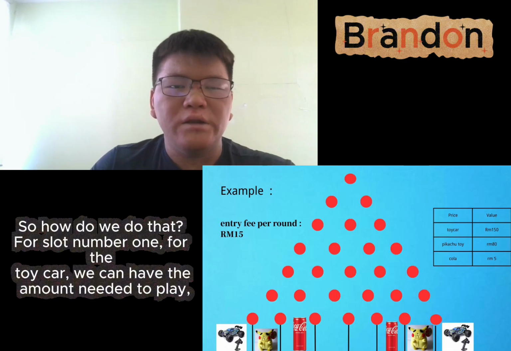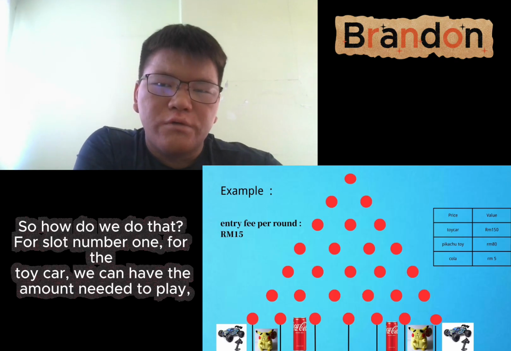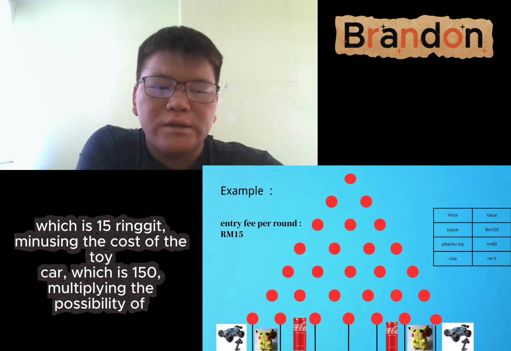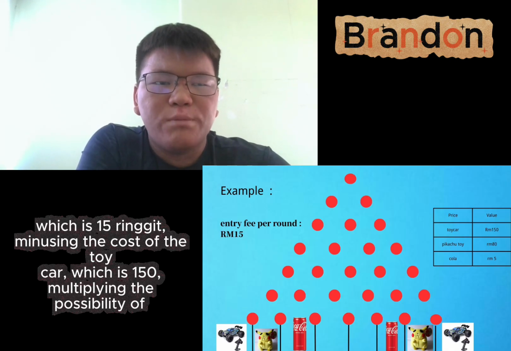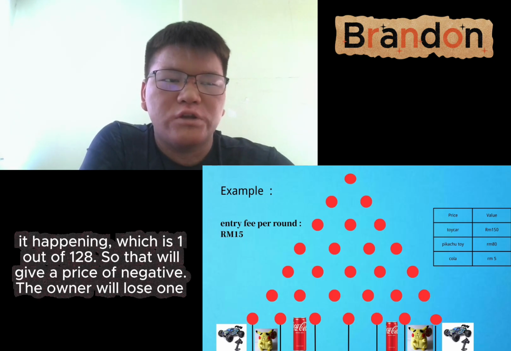For slot number 1, the toy car, we take the amount needed to play, which is 15 ringgit, minus the cost of the toy car, which is 150, multiplied by the probability of it happening, which is 1 out of 128.